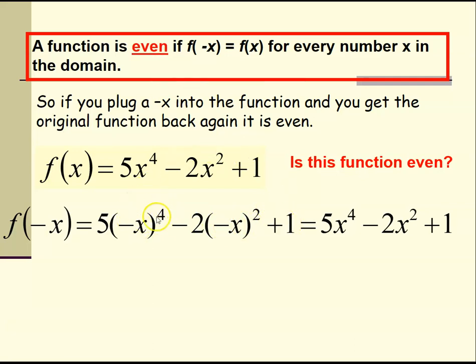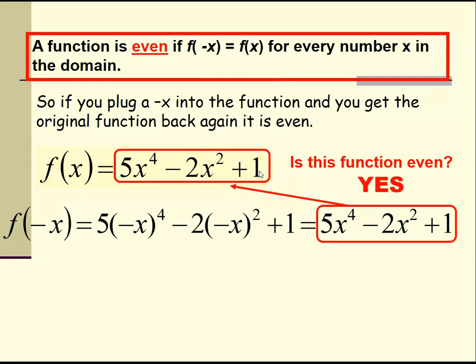Since we have even exponents, whatever you multiply, the result is still positive, right? Negative times negative times negative times negative becomes positive. So the result will be 5x to the power 4 minus 2x squared plus 1. You can see that this function is the same as our original equation. So therefore this function is even.